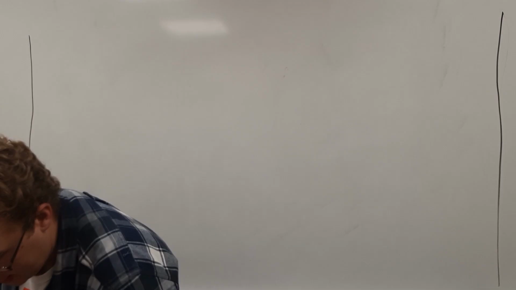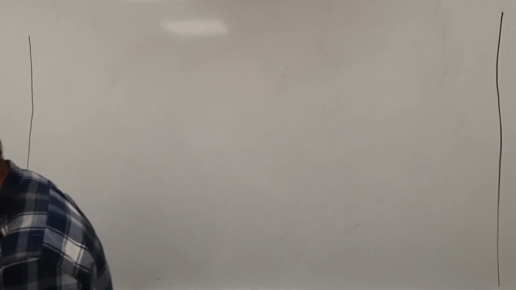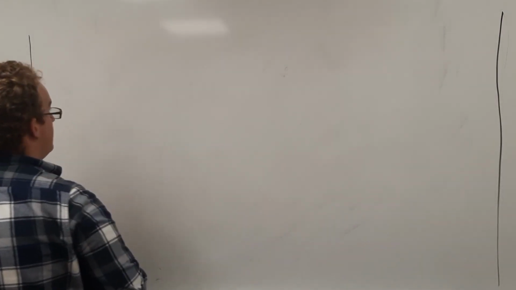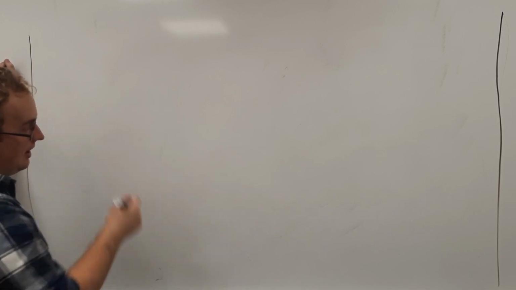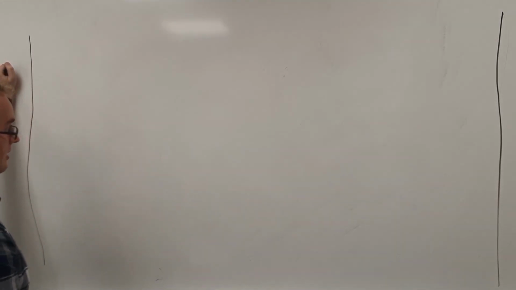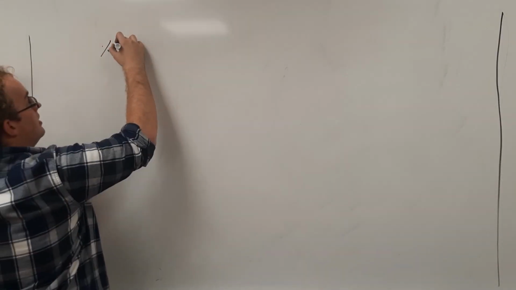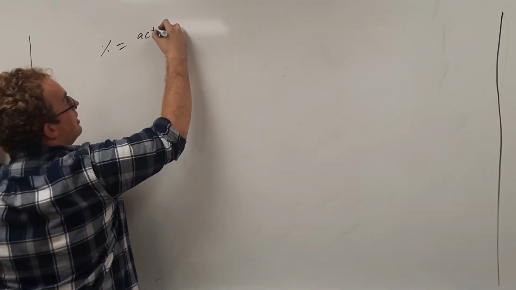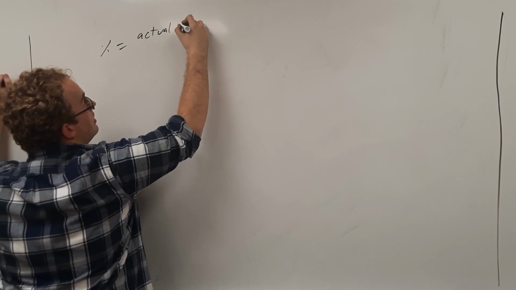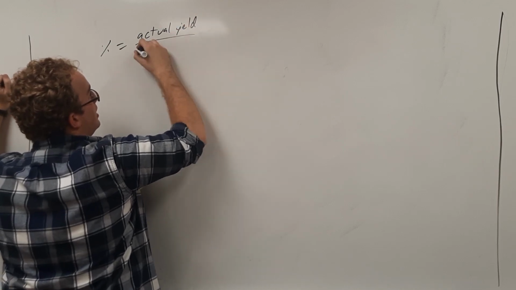Okay, moving on, we're going to talk about percent yield. So I think I might have talked about this in the last review video that I put out, but percent yield is just equal to actual yield over theoretical yield.